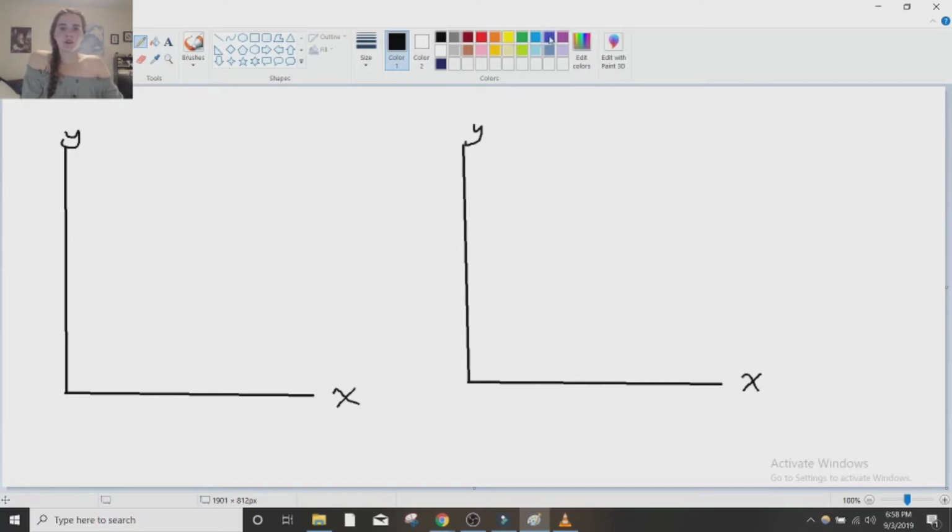Okay, so I'll just draw 2 functions here. And we'll call this one f of x, and this one is g of x.